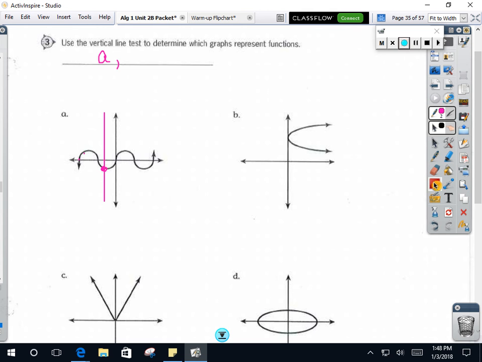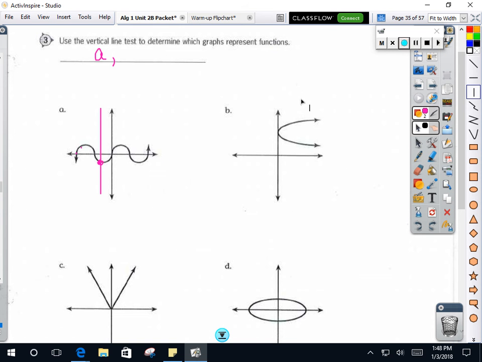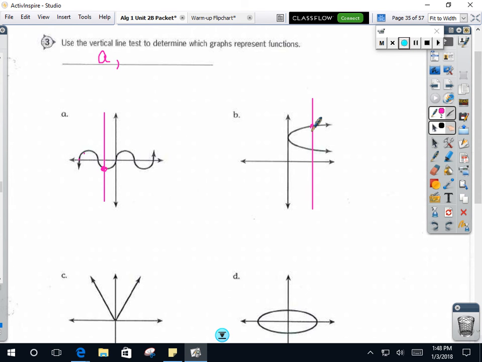But if you go over to B and you draw a vertical line through its relation, is it a function? No, it failed the vertical line test because it hit it twice. Now, let me explain this to you in another way. If I were to draw some little lines on here, 1, 2, 3, 4, 1, 2, 3, 4, wouldn't this point be sitting at over 4 up 2?